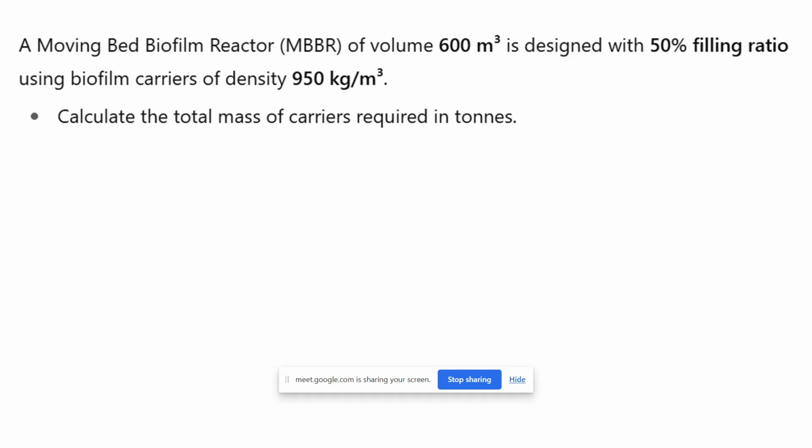So mass is equal to 950 into 300, which is 285 tons.